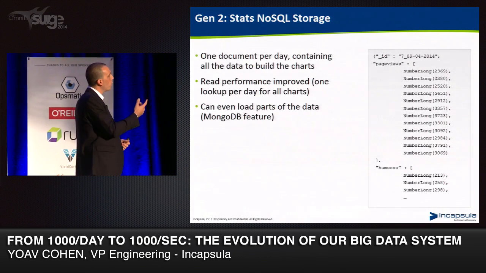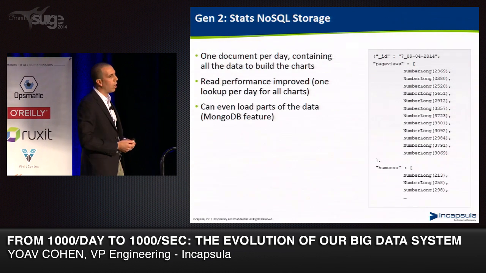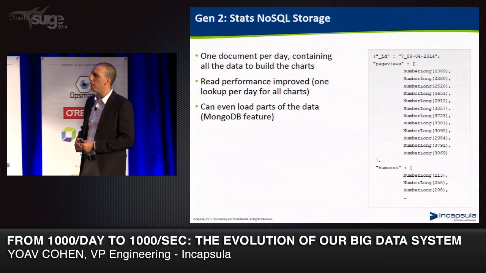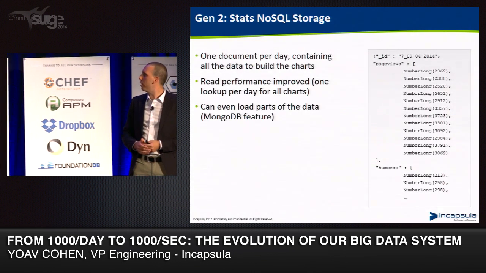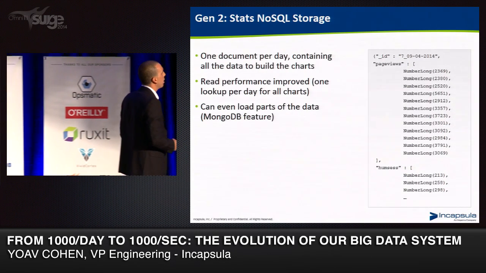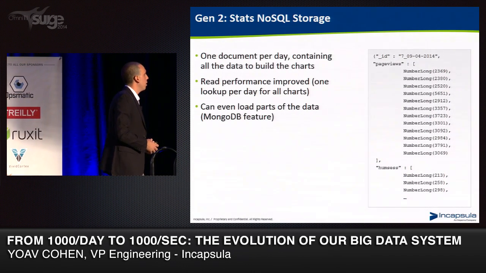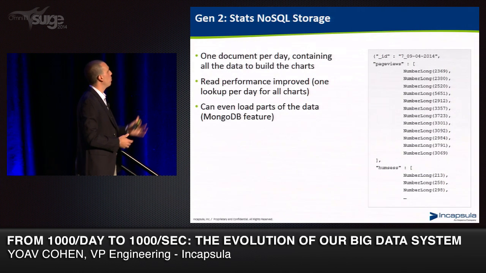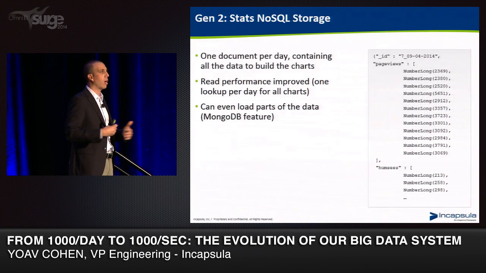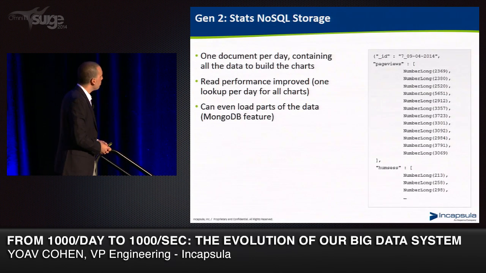So for example, here we have the page views of the Incapsula.com website from September 4th. And as you can see, we have 12 data points. Each data point represents the number of page views of the site for a section of 2 hours in a day.